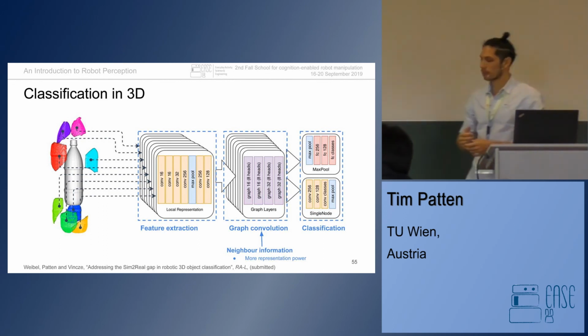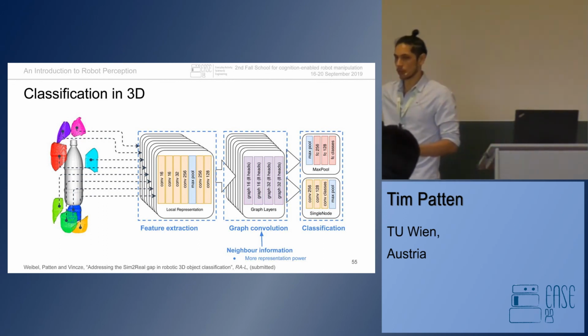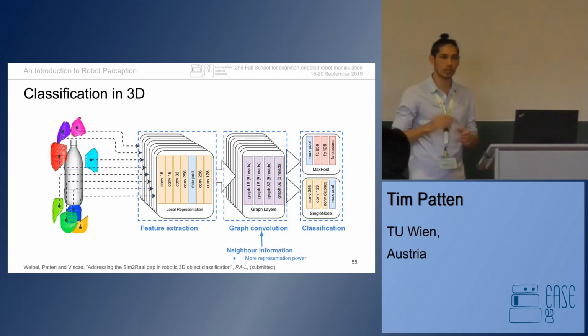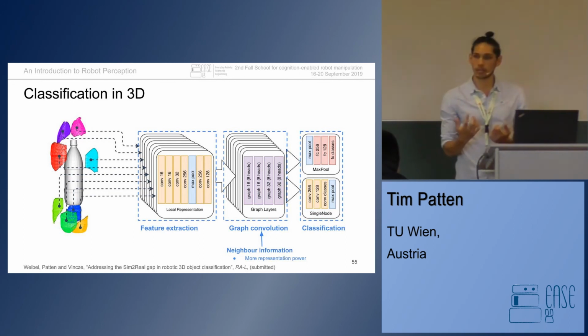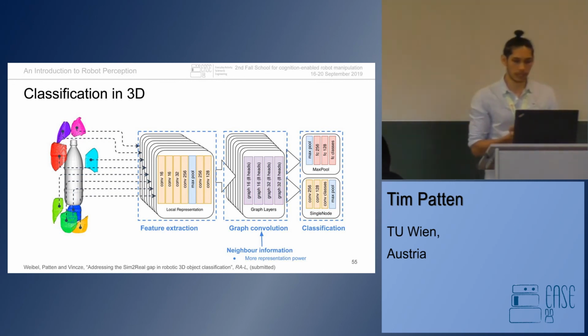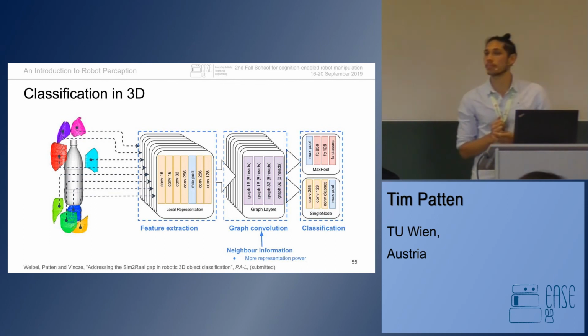So you can imagine if part of this object is occluded, so let's say we lose one or two parts, there's still a lot of information in the rest of the structure, and that enables this to be quite strong against any occlusions that happen.